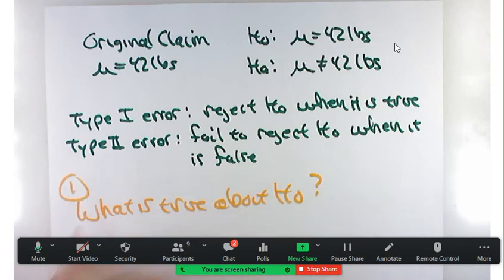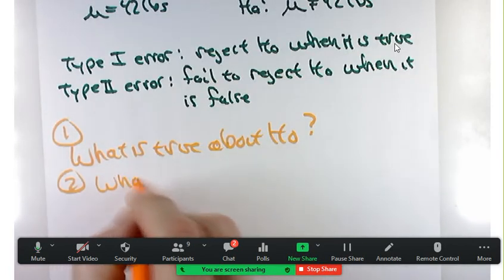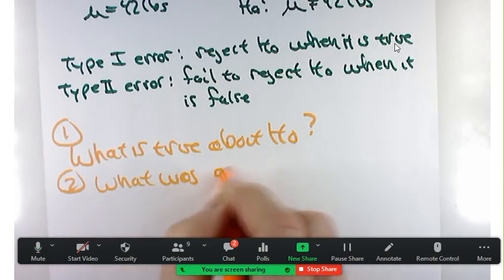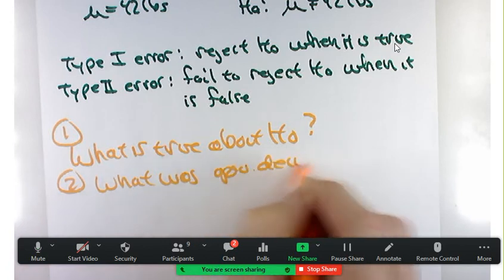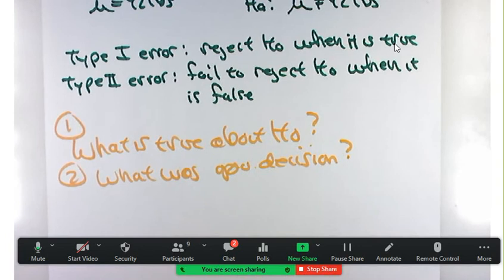That's the first part. And the second part is, what was your decision? Now, I have a hard time grading these because I really have to parse through what you write. They're not that fun, but let's go for it anyways.